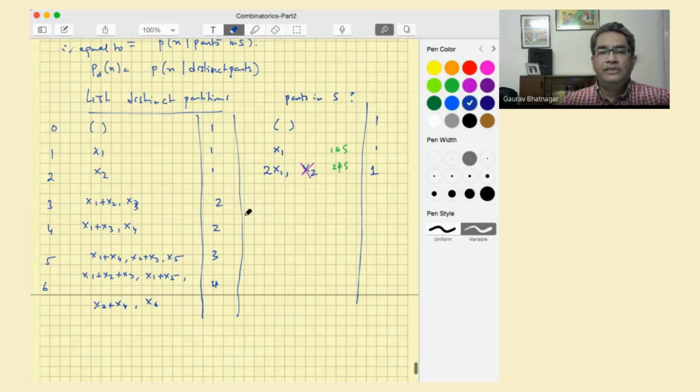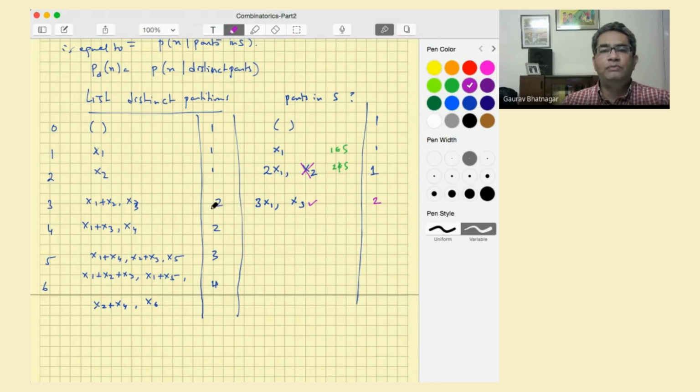Okay, let's do another one. If x1 is in S, then I have to have 3x1, right? x1 plus x2 doesn't count. Now I need one more part because this is just one which I'm getting. So I can have x3. So this is okay. And now I have two partitions.